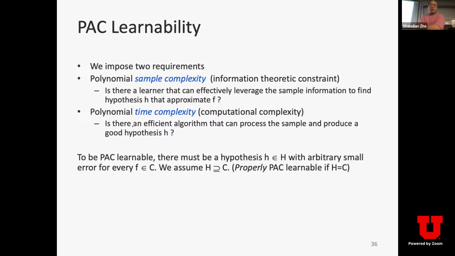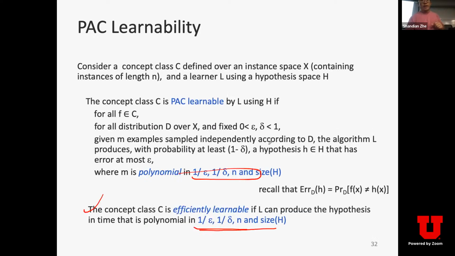So another insight about PAC learnability is that for every possible concept or target function f in C, there must be a hypothesis in the hypothesis space such that the difference between your h and f can be arbitrarily small, right? Remember, this is the definition of PAC learnability, right? We want that for every possible f and for every distribution D, and for every possible epsilon, right? Your epsilon can be arbitrarily small. Of course, it's bigger than 0, but it can be arbitrarily small, right? And then you can always have a high chance to find a hypothesis whose true error is at most epsilon.